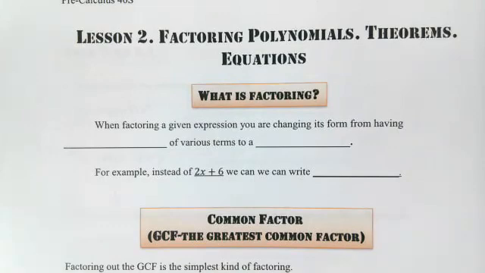What is factoring? When factoring a given expression, you are changing the expression from a general form, the one that we've seen last class, that has power terms that are added and subtracted, into a form that now has factors. You're multiplying two pieces in which either you have a monomial and a binomial, a binomial times a binomial, or combinations of a monomial with other kinds of polynomials, or a polynomial times a polynomial.